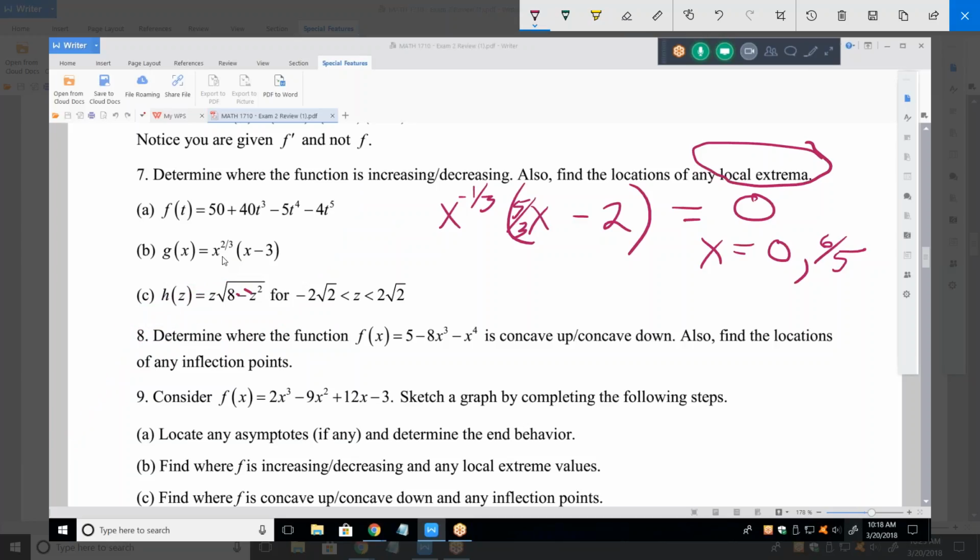What's the best first test? There are 2 tests. And the easiest test, in my thinking, is the second derivative test, because it's usually pretty easy to get a second derivative. So let's see.